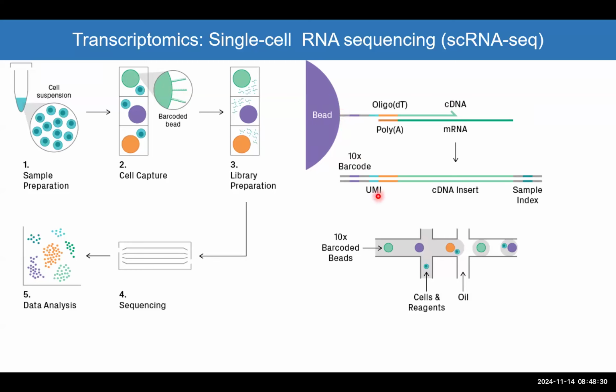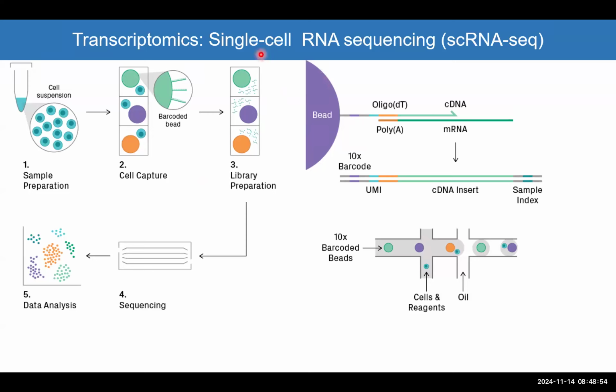The 10x barcode is simply a unique DNA sequence that would identify this bead from any other bead. Therefore, if you get this cell, you get the transcriptome from that cell, you would know that the transcriptome comes from this cell because of that bead being together.